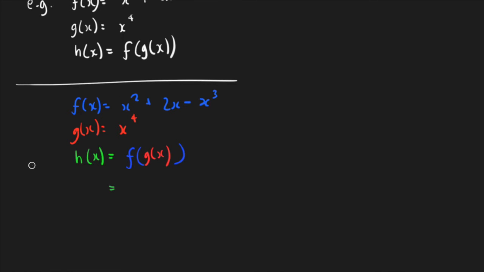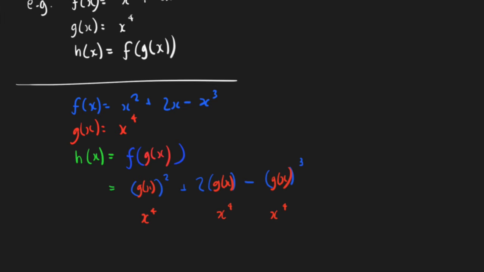So I'm going to write down the template for f of x. f of something is something squared plus 2 times something minus something cubed. And the something that we're putting in is g of x. So g of x, g of x, g of x. And then that just becomes x to the power 4 everywhere.